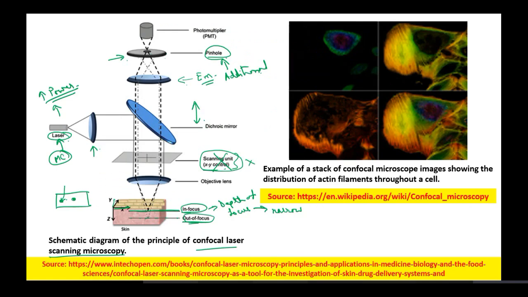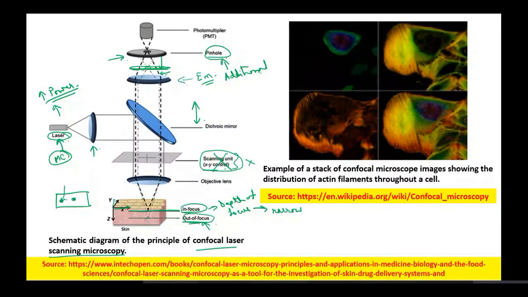Now, if you see over here, if I want to get the information about this out of focus layer, what I need to do? I need to bring down this pinhole at this position. Then what will happen? In the previous case, the light rays which were in focus are now getting blocked, and we are only getting the out of focus light into the system.